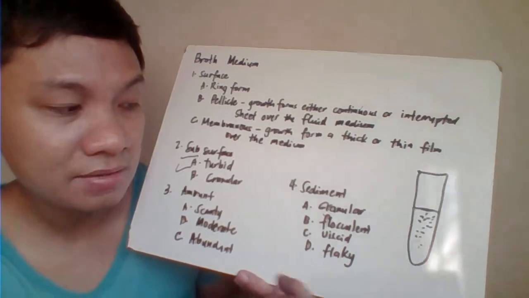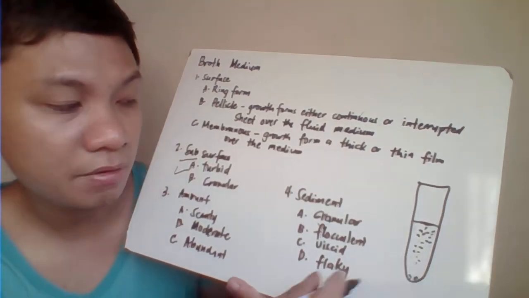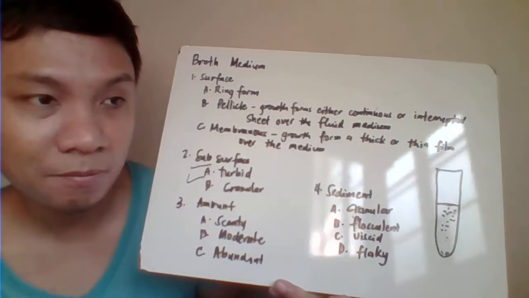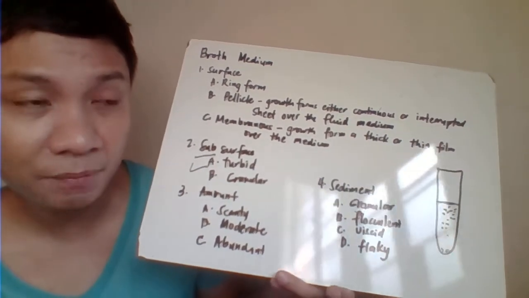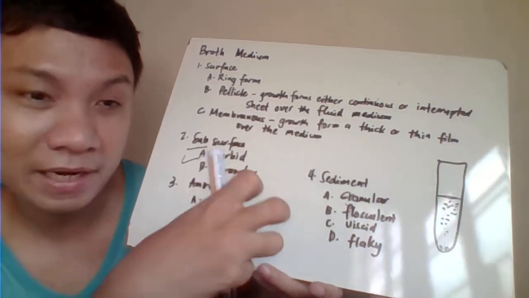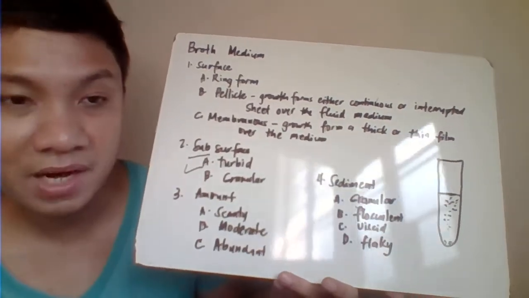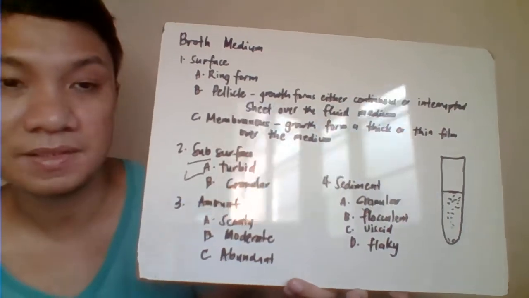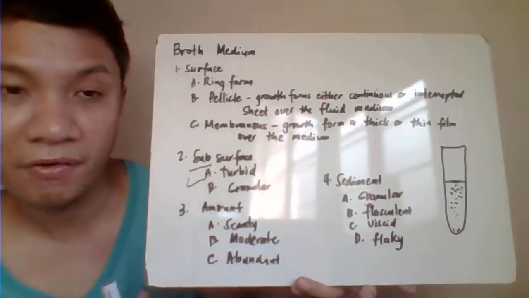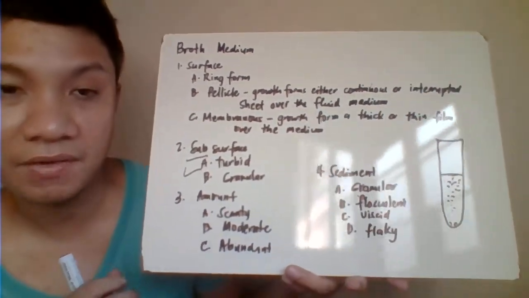For the sediment at the bottom, observe whether it is granular, with individual particles. Flocculent is very abundant or clumped. Viscid is a very thick colony, and flakes are flaky. Okay, so that's the observation of the colony for each of our culture media.